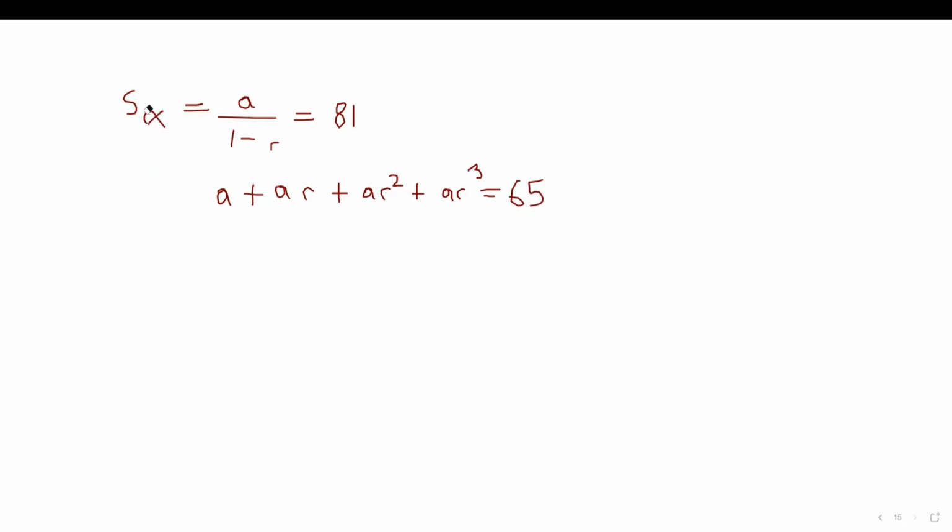So these are our 2 equations that we have now. Sum to infinity is 81. Sum of the first 4 terms is 65. Let's do the simultaneous equation.